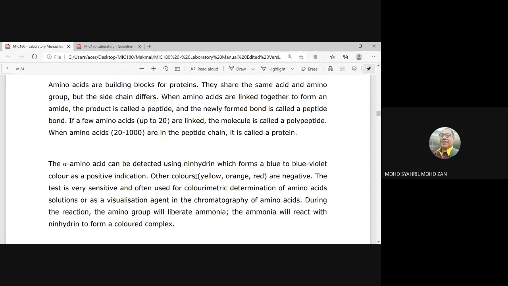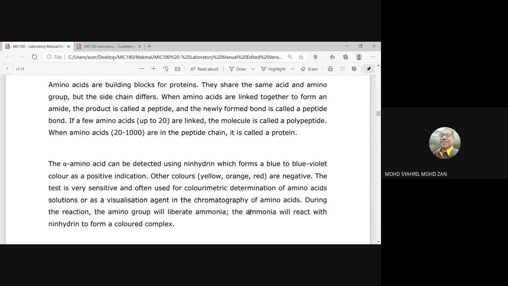Okay, other colors than that, besides blue violet, yellow, orange, or red, are considered a negative result. Okay, this one is a negative result. Other than blue violet. The test is very sensitive, often used for colorimetric determination of amino acid solution or as a visualization agent in the chromatography of amino acids.